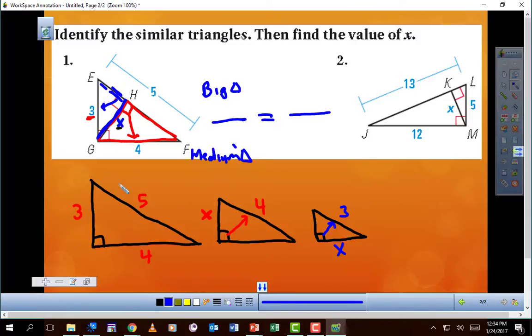If I take the hypotenuse of the big triangle, I put it here; 4 is the hypotenuse of the medium triangle. Does that make sense?